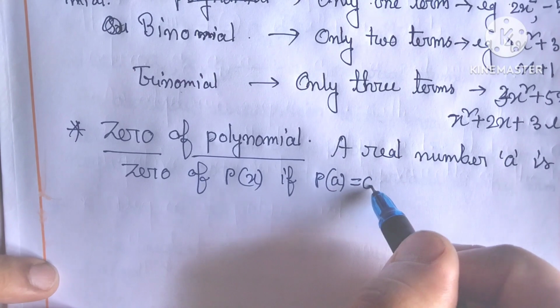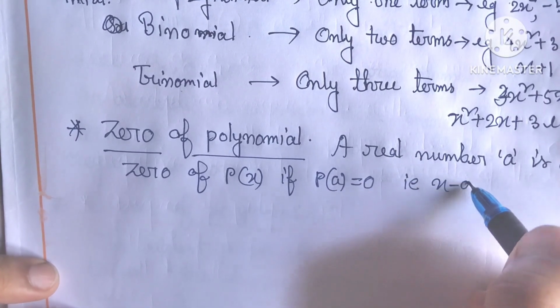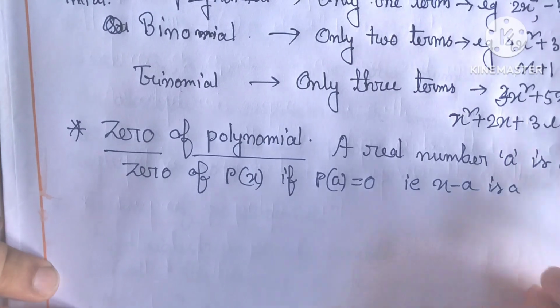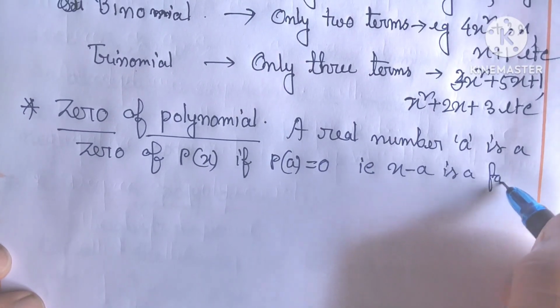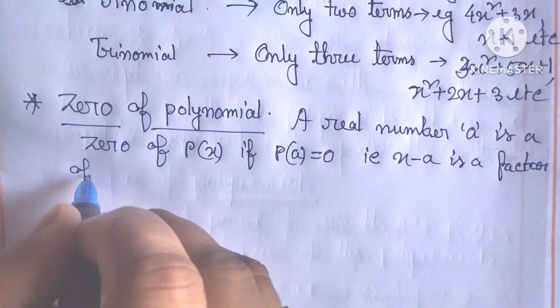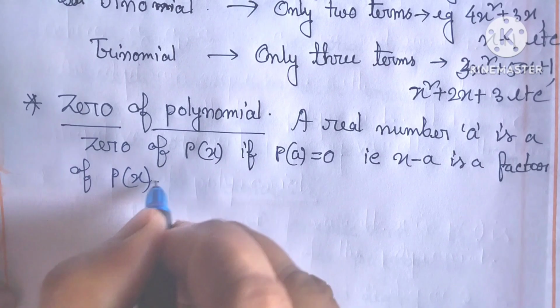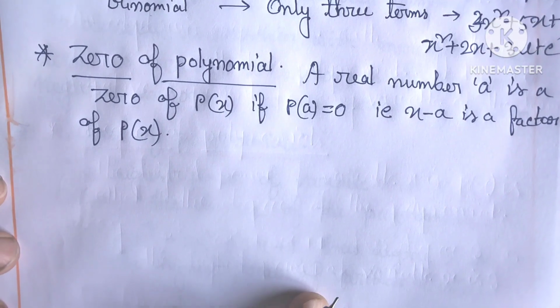That means remainder 0, that is, x minus a is a factor of P of x.